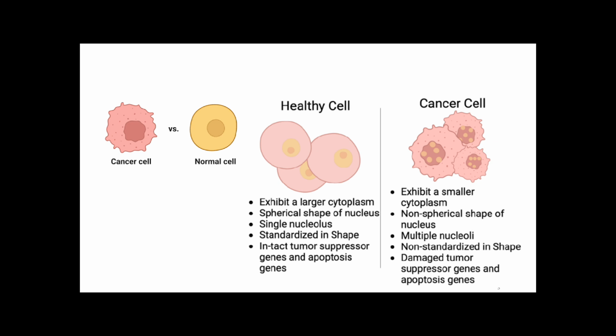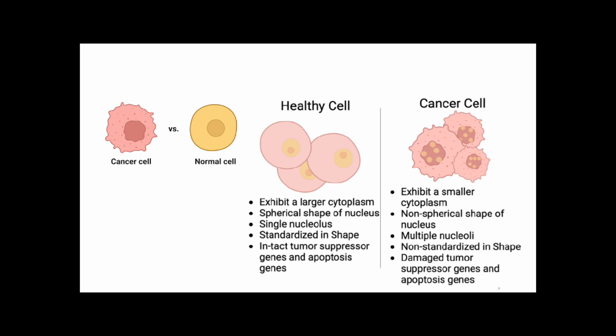Another thing, inside the nucleus we can see multiple nucleoli because during mitosis we can see the nucleoli. An active cell, that means a dividing cell, contains nucleoli. So here we can see multiple.